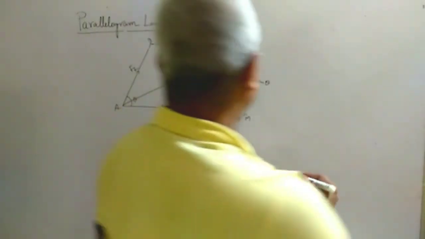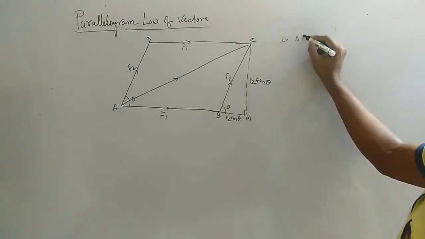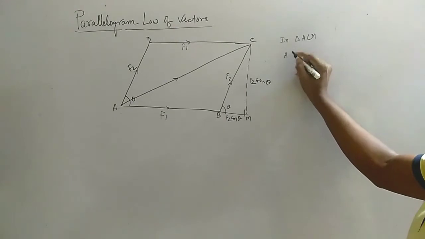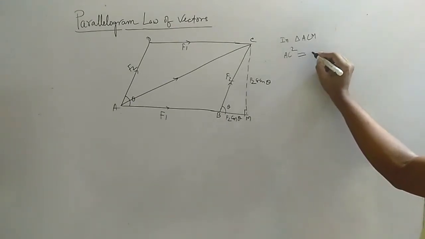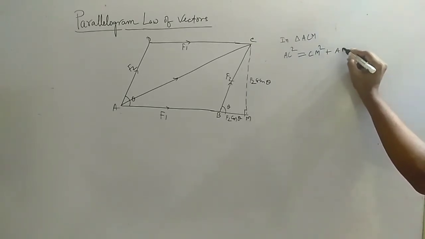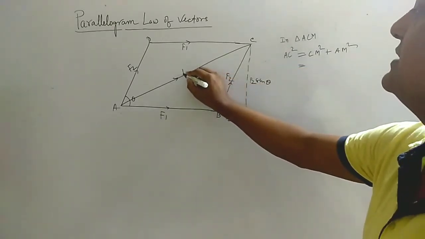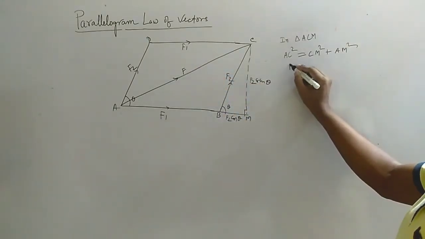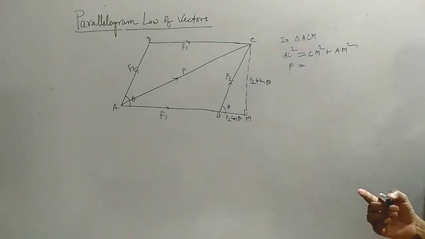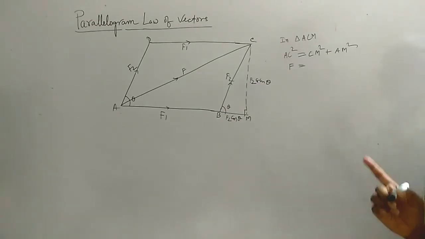In triangle ACM, we can apply the Pythagoras theorem easily, and that is AC square is CM square plus AM square. If I call the resultant F, because the resultant of two forces can be a force. This rule can be used to find the resultant of displacements, velocities, accelerations, for any vector quantities, mind you.